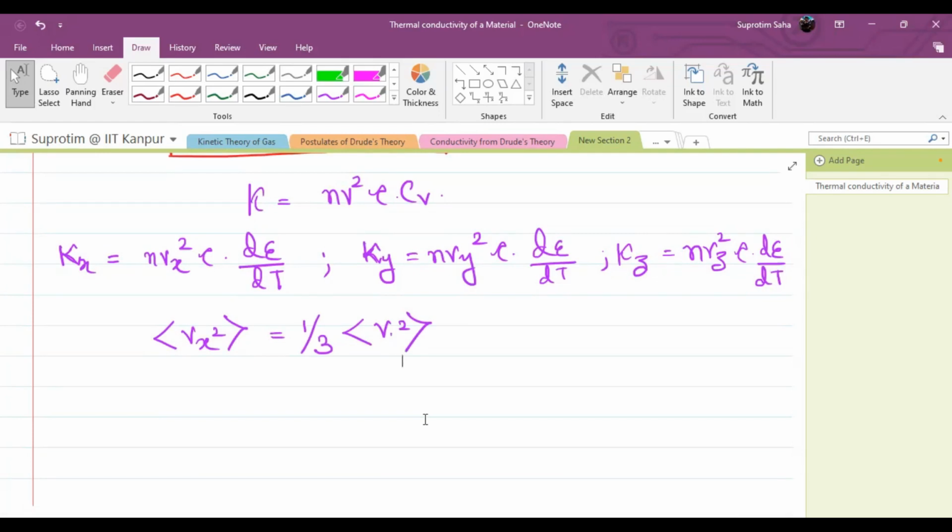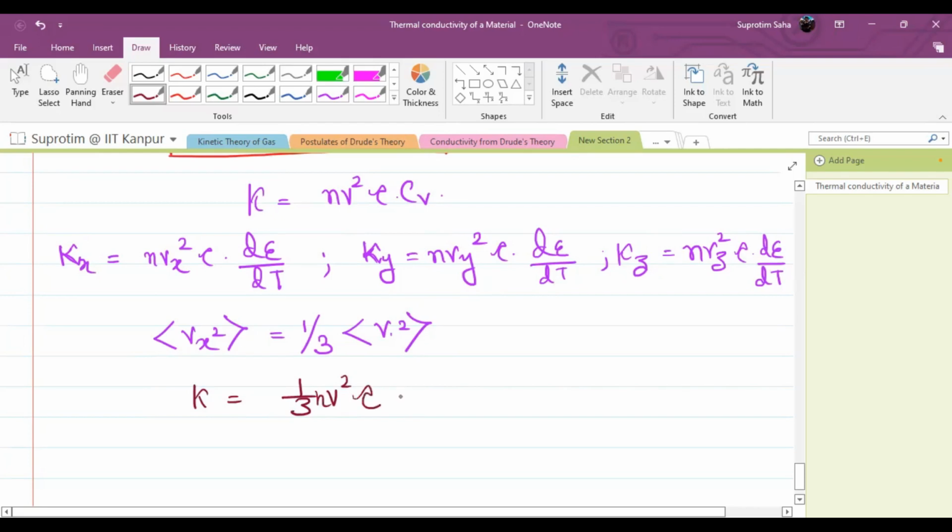Why is this happening? Because this is an isotropic sample. We have not included anisotropy in the sample, so what's happening in the x direction is not very much different from the y or z direction. So now our kappa can be further modified to be written as kappa is 1/3 n v squared tau times C.